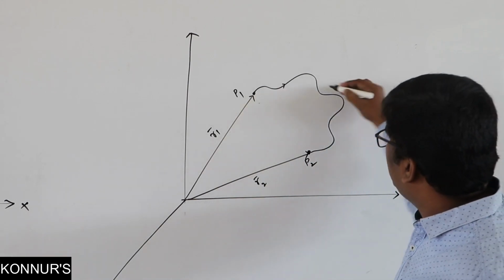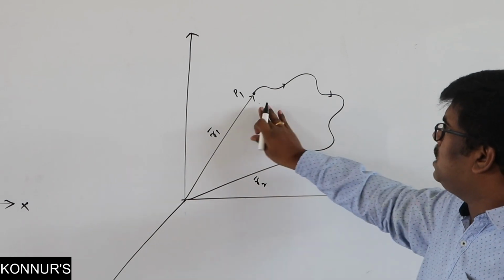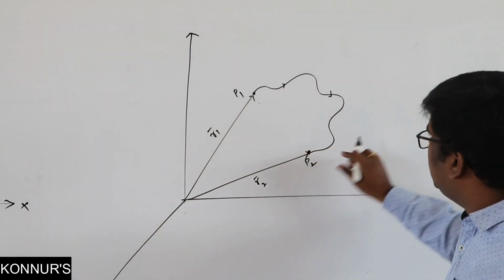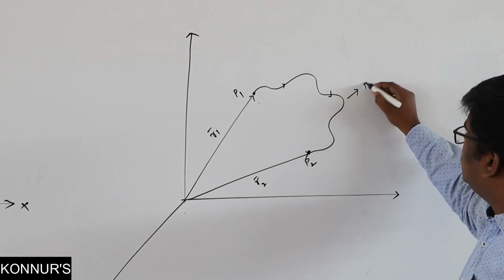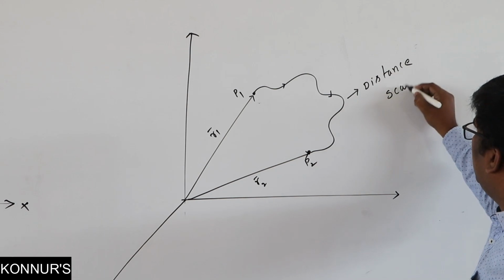So this is what we can call the actual path traveled from the initial point to the final point. This actual path length is called the distance and it is a scalar quantity.